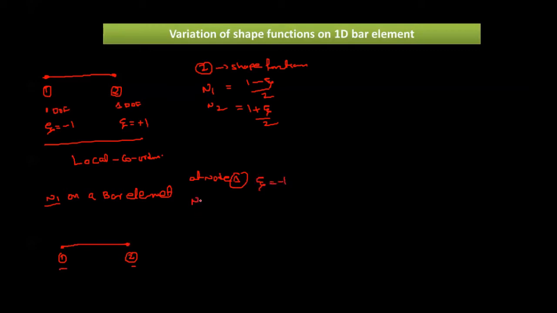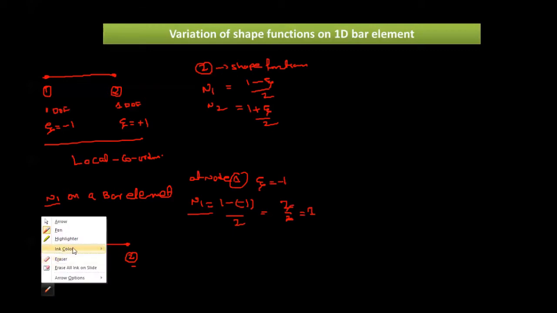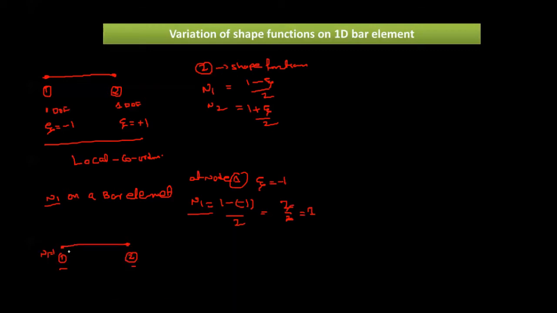So N1 is equal to 1 minus zeta, that is minus 1, divided by 2. Minus into minus becomes plus, so this becomes 2 by 2, which gives 1. So the N1 value is 1 at nodal point 1. This is a very important one.